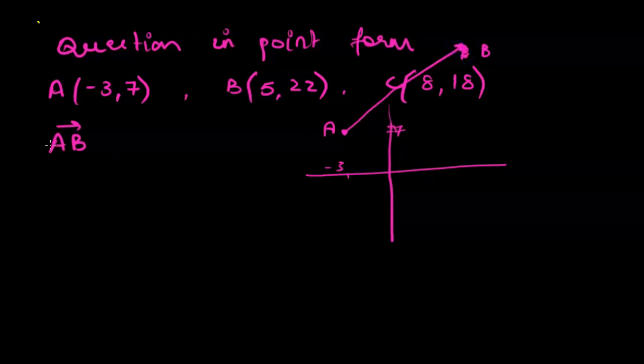If we want to find this vector, all we have to do is subtract the coordinates of A from B to find out the coordinate values.